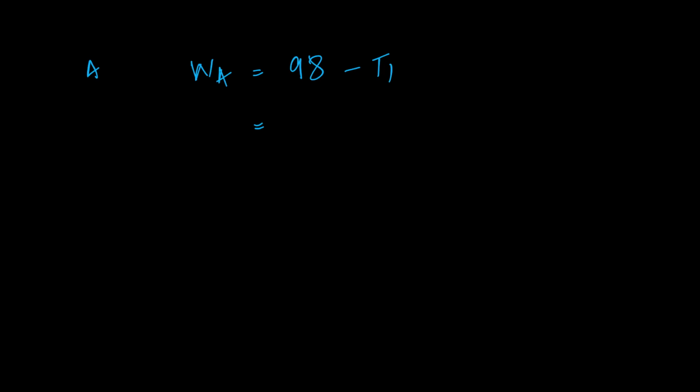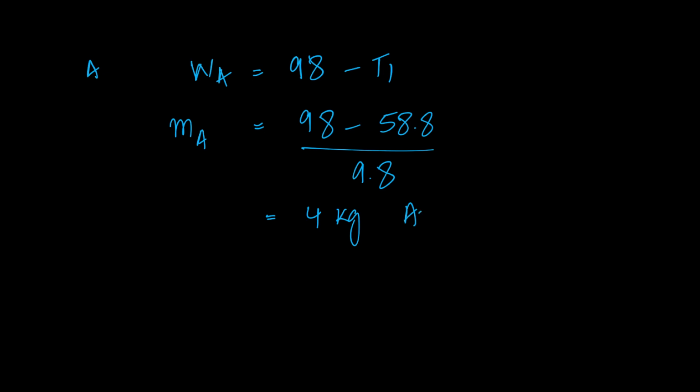T1 is actually just 58.8, so 98 subtracting it, and mass of A, and let's just put G over here as 9.8, dividing it. 98 minus 58.8, divide that by 9.8. We're getting 4 kilograms as our answer.